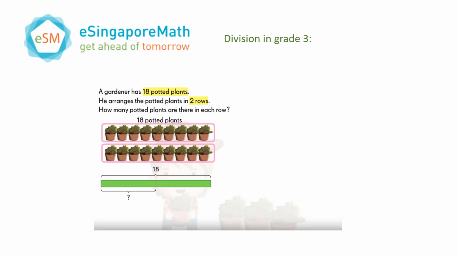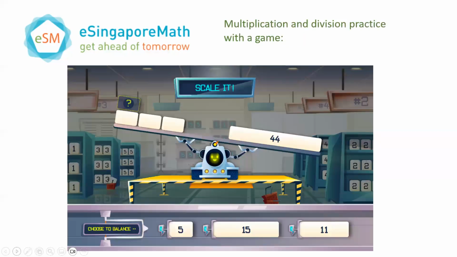I can draw a bar to represent the potted plants, and I can label the 2 rows as being 18. But once you look down at the bar model, you can see easily that you need to divide 18 into 2 equal parts to find out how many are in each row. That's grade 3.